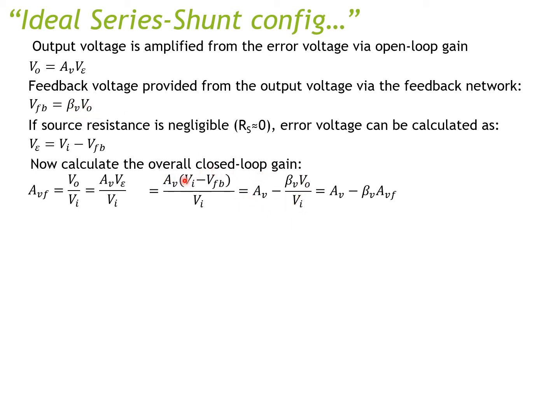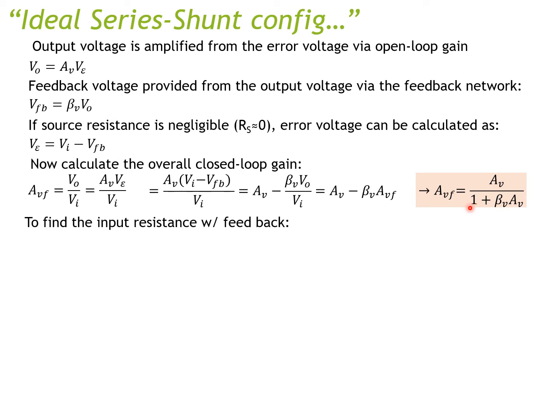Of course, the Vi terms cancel out. Finally, VO over Vi is AVF, so you replace that with AVF. Now you have an equation of AVF equal to AV minus beta V multiplied by AVF. You can solve this equation for AVF, so you would have AVF equal to AV over 1 plus beta V AV.